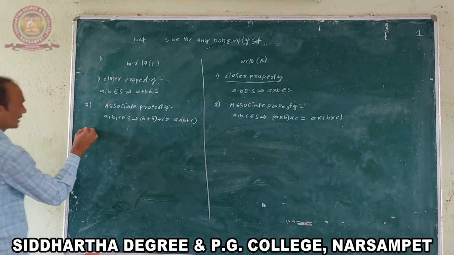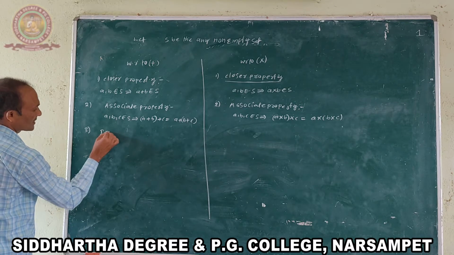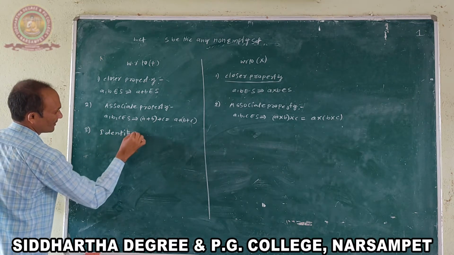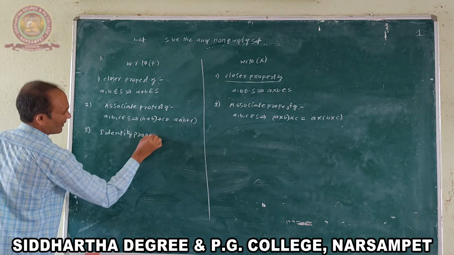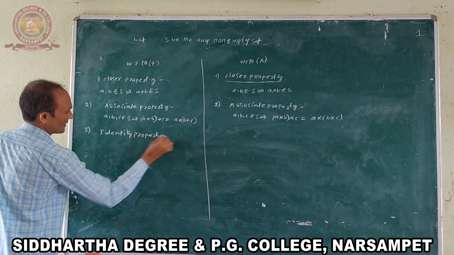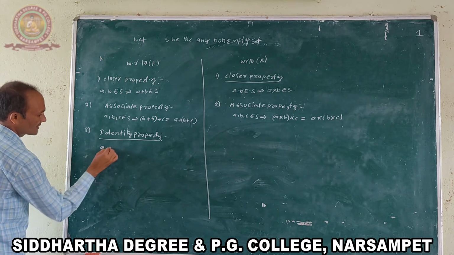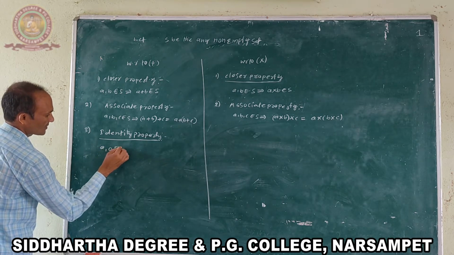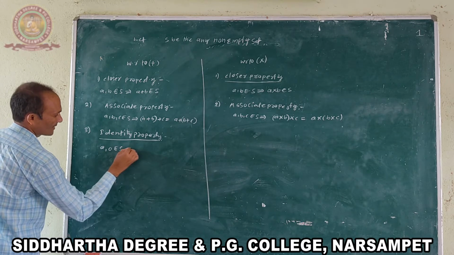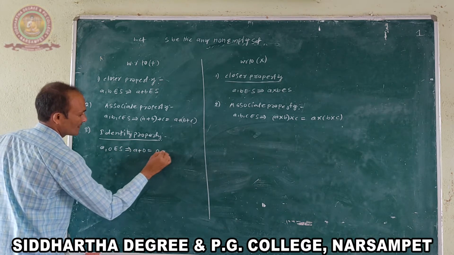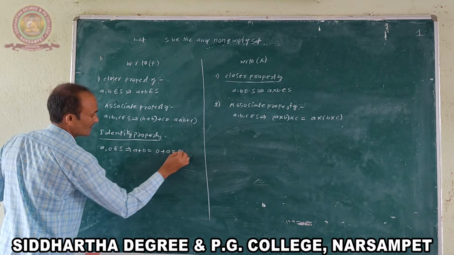Next, the third one, identity property. Identity property means a, 0 which belong to S implies a plus 0 is equal to 0 plus a is equal to a.